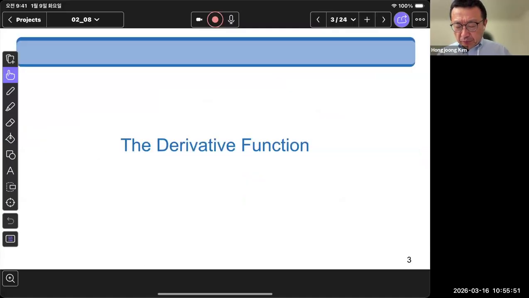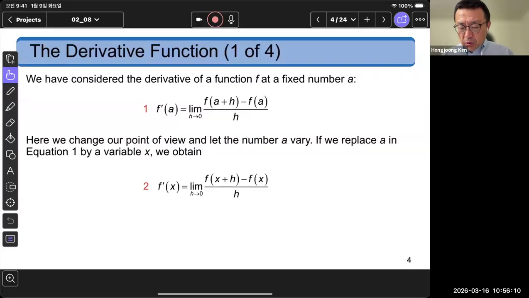Okay. Now, so far, up to section 7 in chapter 2, we considered several functions and some limits and some f prime, the derivatives of some functions at some point. So far, we considered the derivative of a function at some number, at some point, say a.